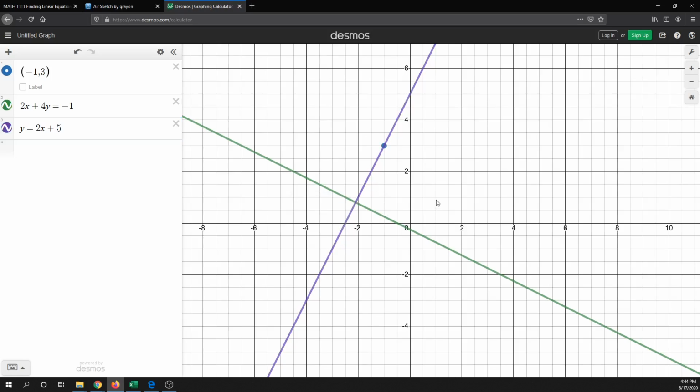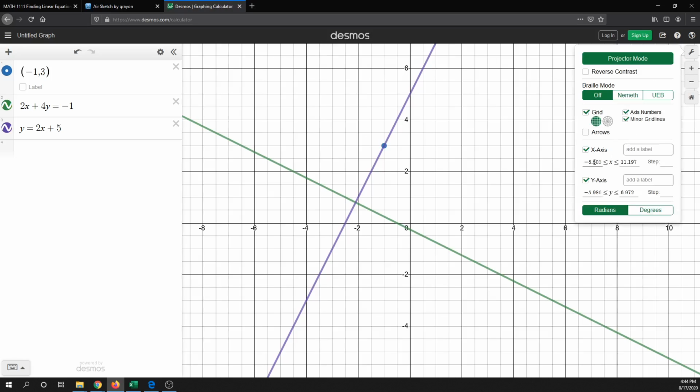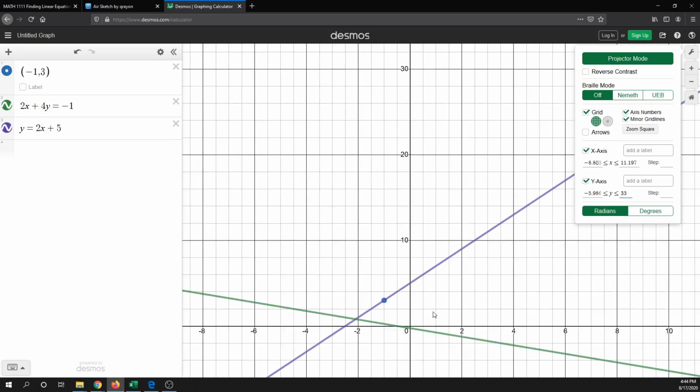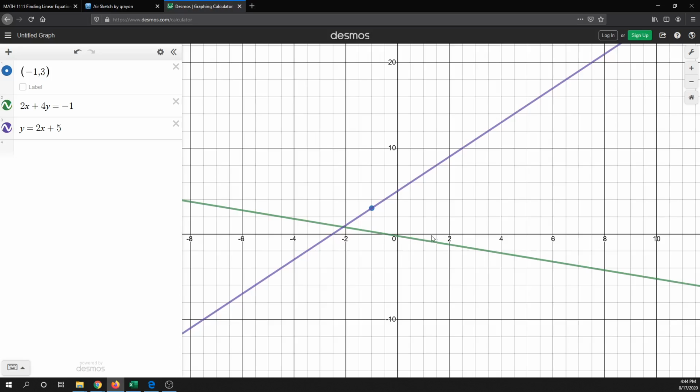But remember, again, if these things are not square, right? If it looks like that, you see how this is -2 to 2, and the scale is totally different on this, right? It doesn't look perpendicular at all.